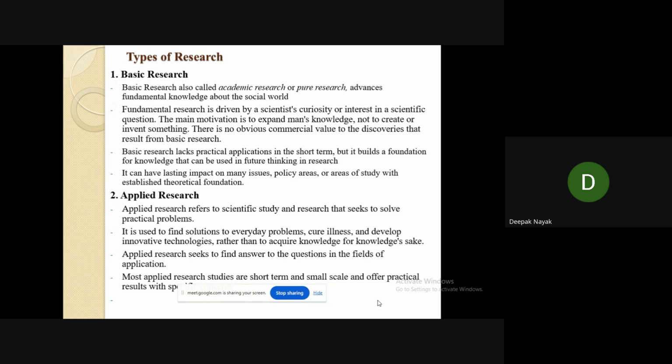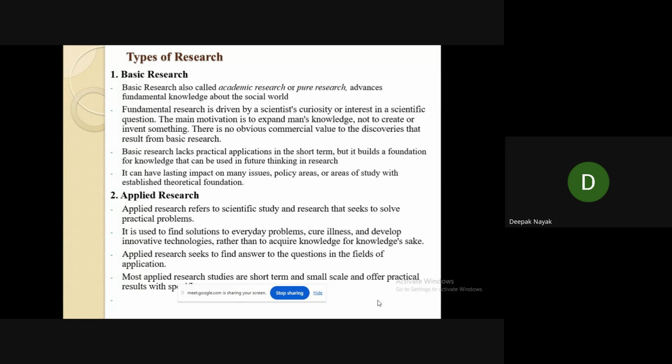That's why we are just going to discuss some basic fundamental knowledge about the typology of research, so that you understand the fundamental differences, and through that you try to understand the different kinds of research existing in social science research.